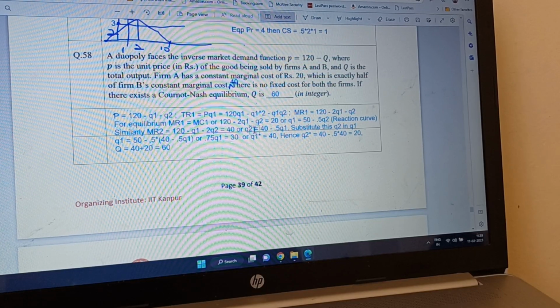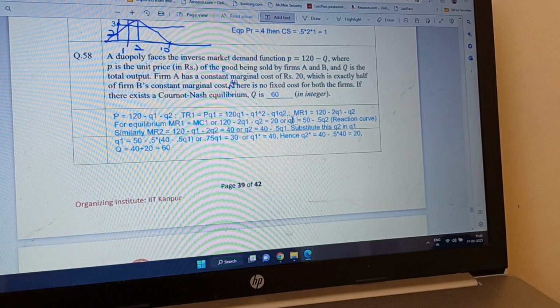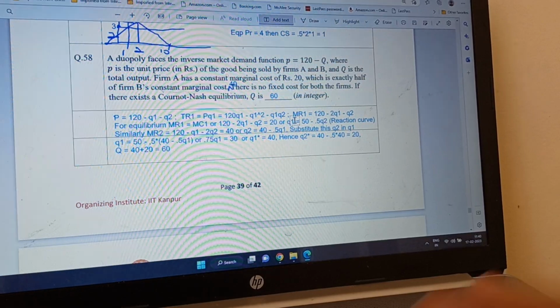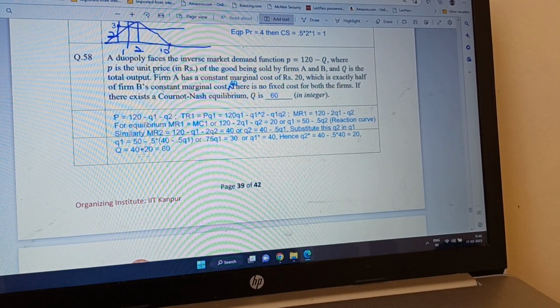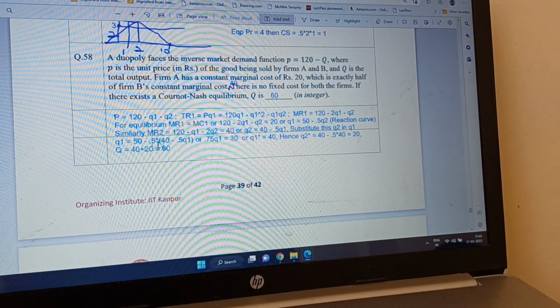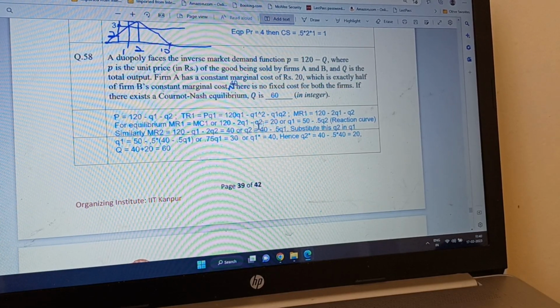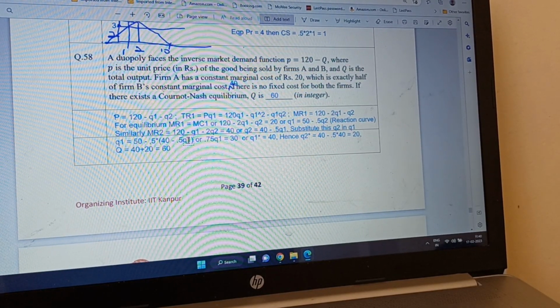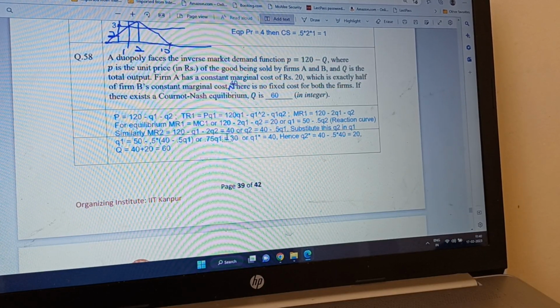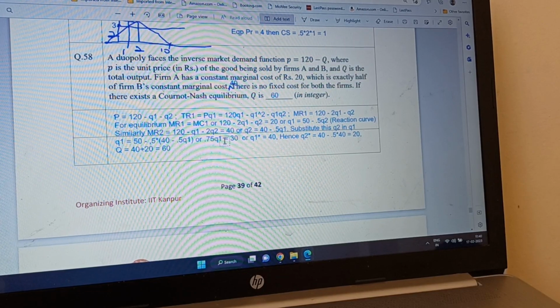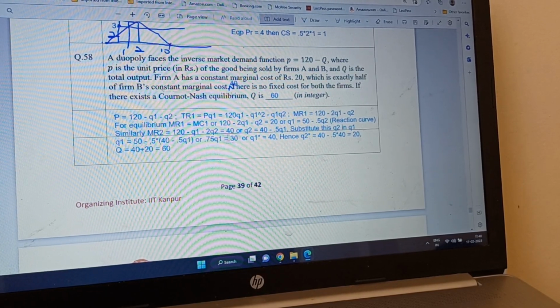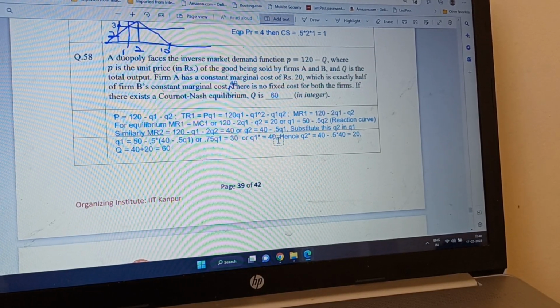Then substitute this Q2 value in Q1 to get the equilibrium. So Q1 is equal to 50 minus 0.5 times 40 minus 0.5 Q1, so we get 0.75 Q1 is equal to 50 minus 20, which is 30, or Q1 is equal to 40.